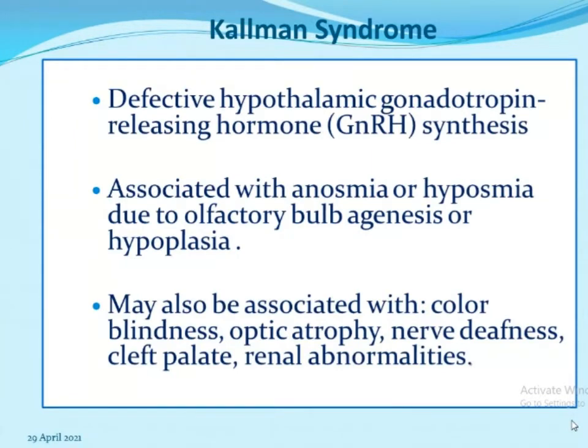Besides the hypogonadism due to low testosterone and low sex hormones due to low GnRH, the patient may present also, as I said, with anosmia or sometimes hyposmia, just a reduction in the smell, due to olfactory bulb agenesis or hypoplasia.